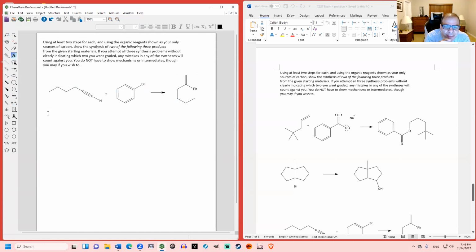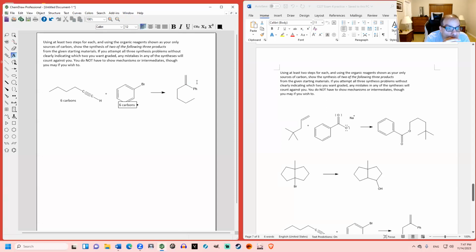I didn't count carbons that time because the number of carbons stayed the same. So let's count carbons. 1, 2, 3, 4, 5, 6. And bromobenzene obviously is 6 carbons.